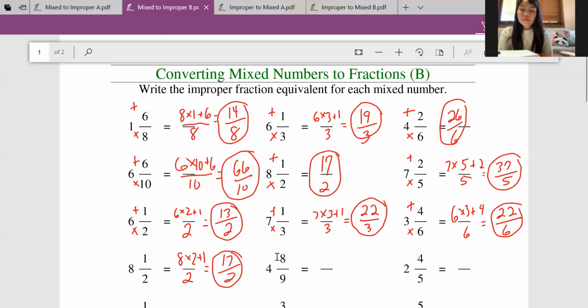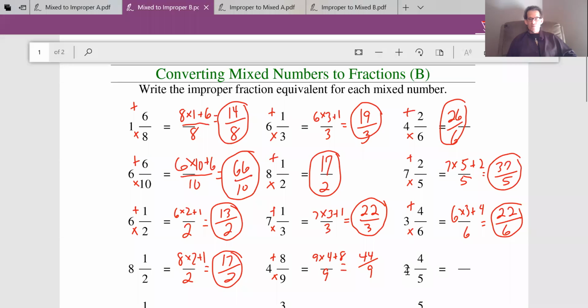Here we have 4 and 8/9. So I'm going to multiply my denominator times my whole number and add the numerator. The denominator stays the same. 4 times 9 plus 8 over 9. So I know 4 times 9 is 36. 36 plus 8 is going to be 44 over 9.